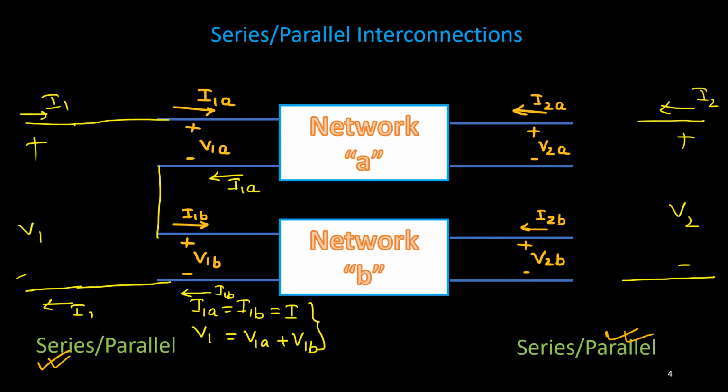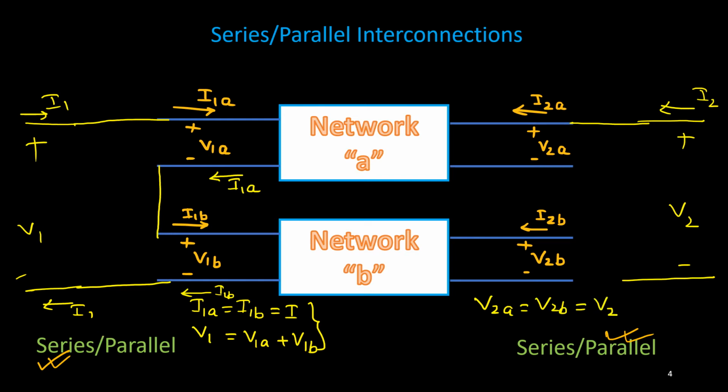Now similarly, we can connect the output side for parallel combination. So I'll connect this one first, and then this one. What is the requirement for parallel combination? The same potential should develop across V2A and V2B. So the first requirement is V2A should be equal to V2B, which should be equal to V2.